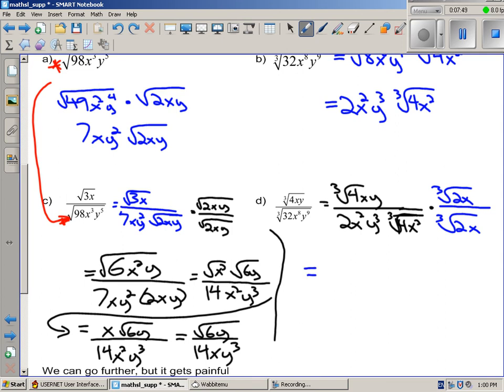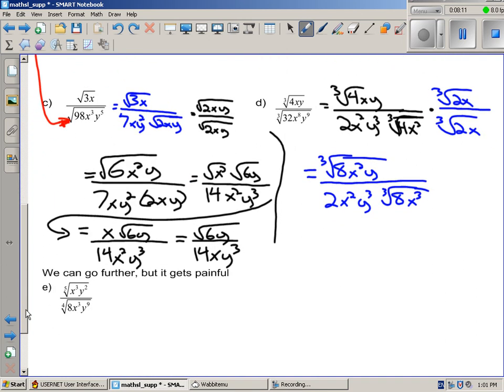Okay, that's going to give us the cube root of 8x squared y all over 2x squared y cubed. If we want to show the whole process here, we can say that this is the cube root of 8x cubed. And look for opportunities to simplify.